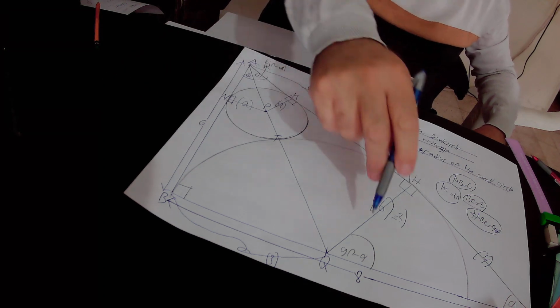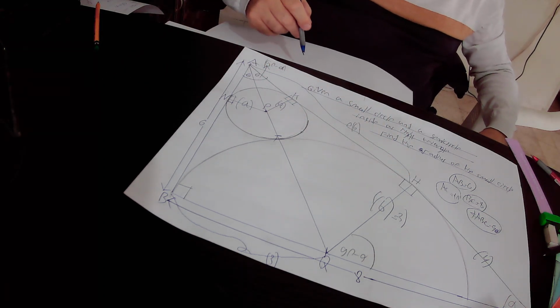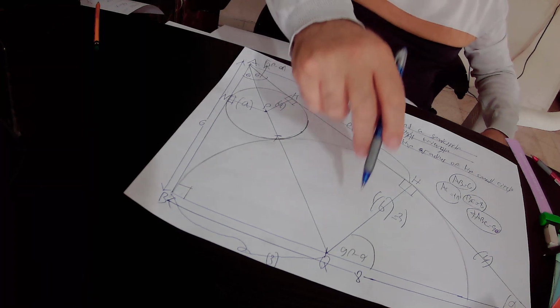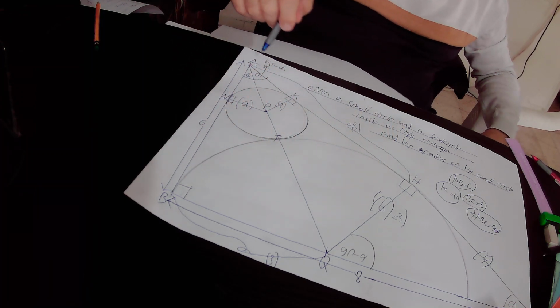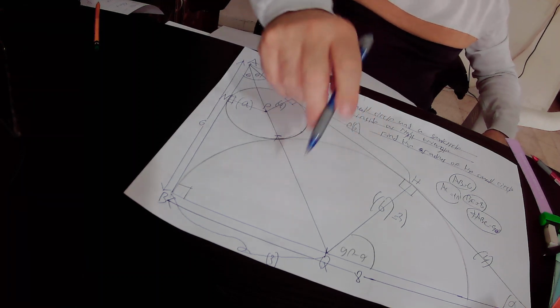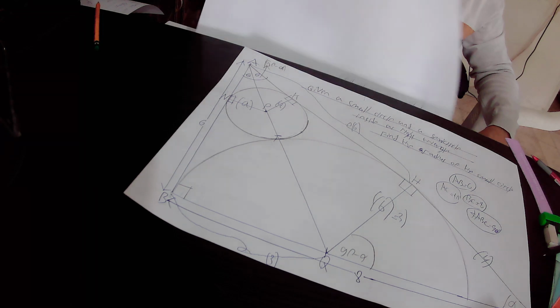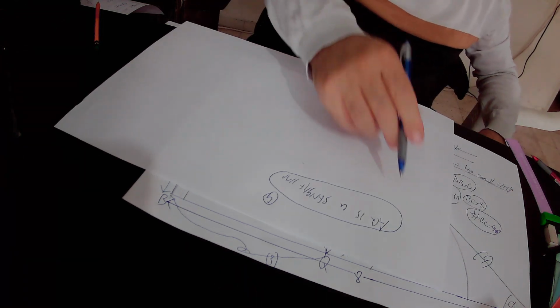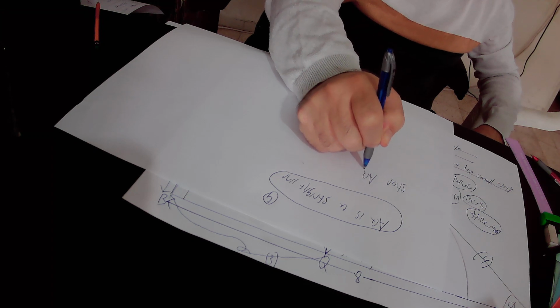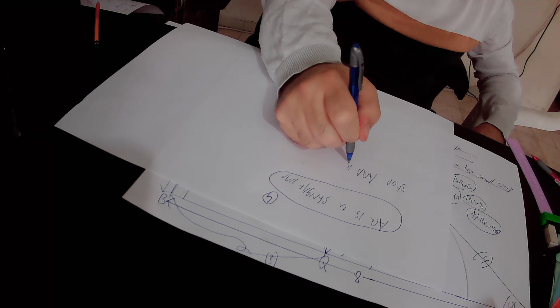But if AQ is a straight line, it means that angle AQB is a right angle. Again, angle AQB is a right angle.